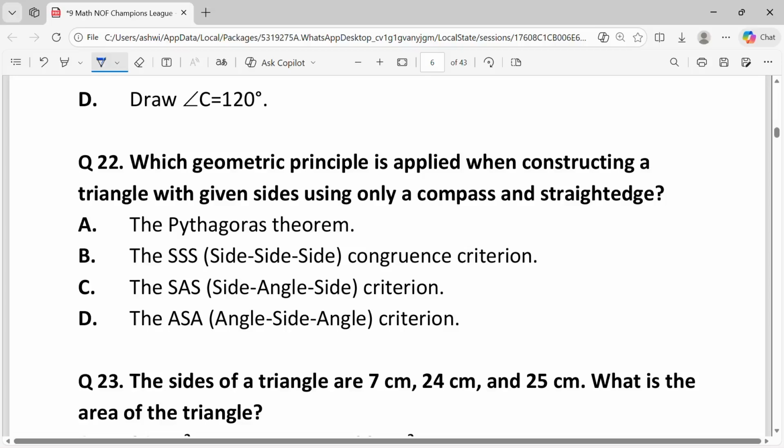The intersection of these arcs determines the third vertex. This method relies on the fact that if three sides of a triangle are fixed, the triangle's shape and size are uniquely determined. So the answer is B, the SSS congruence criteria.